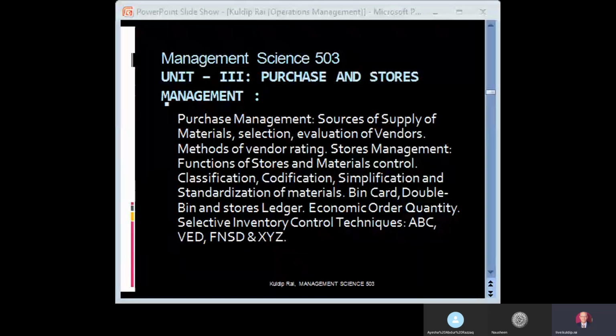I am writing these in the chat window. The four criteria are: you can see in the chat window. The four criteria are quality, price, delivery, and service.